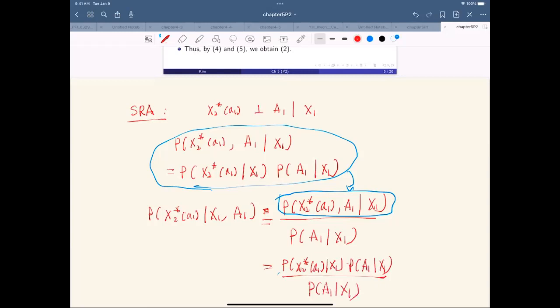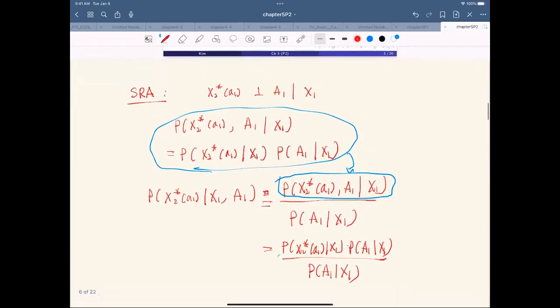Good. One more final step is that we want to cancel, and in order to cancel this, we need the positivity assumption.